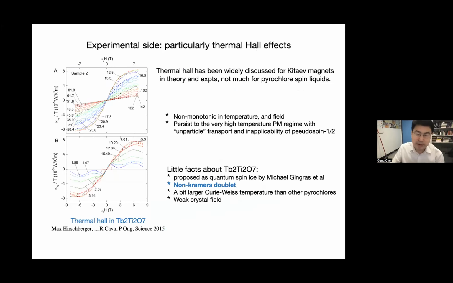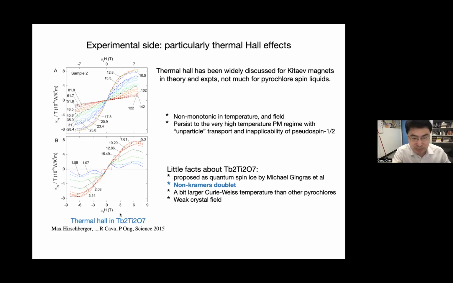On the experimental side, there has been a lot of experiment on pyrochlore rare-earth materials, pyrochlore U1 spin liquid candidate materials, but not much on the thermal Hall effect. Thermal Hall effect has been widely discussed in the cuprate materials, as we saw in yesterday's talk, but not much on these pyrochlore spin liquids.